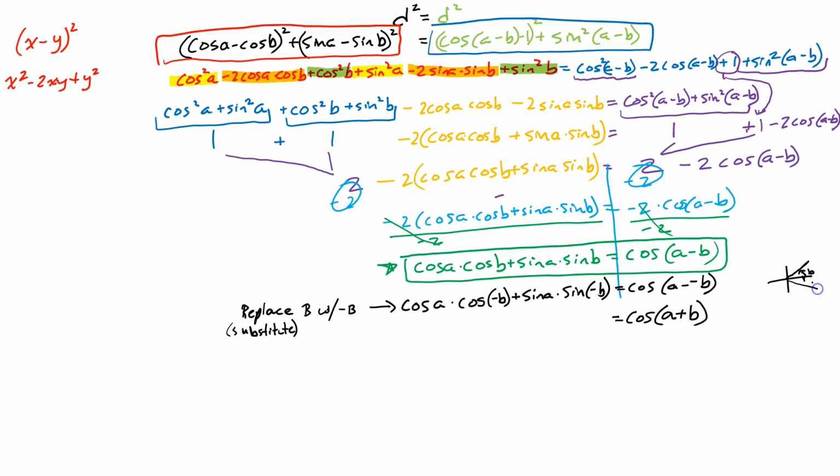Well, if you go negative B, your cosine is still positive. So cosine represents your x value, so cosine of negative B is the same thing as cosine of B. So that doesn't change. However, sine of negative B, well, sine represents your y value. Sine changes.